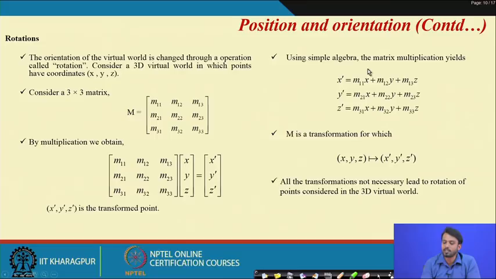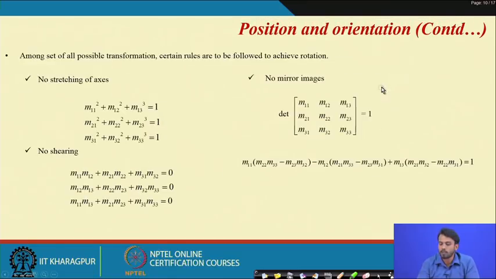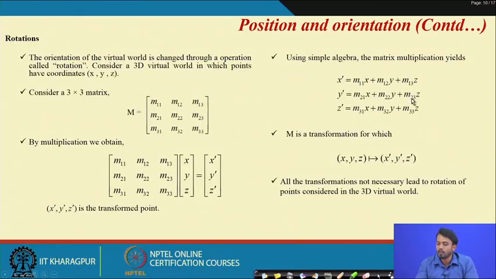Using simple algebra we can obtain that x dash is m11 into x plus m12 into y plus m13 into z. Similarly, we can obtain the coordinates for y dash and z dash. So M is a transformation under which the original point x, y, z in the 3D virtual world is transformed to x dash, y dash and z dash.